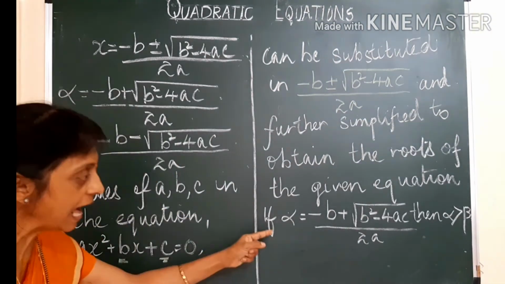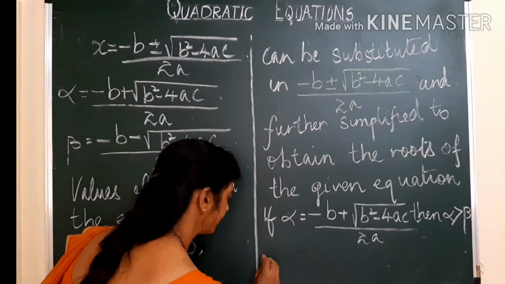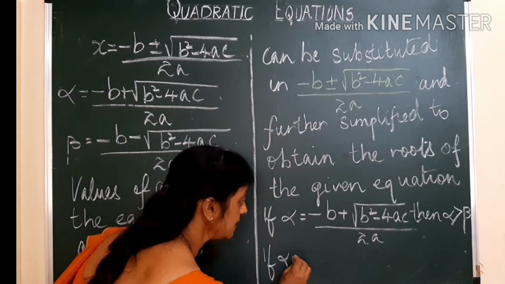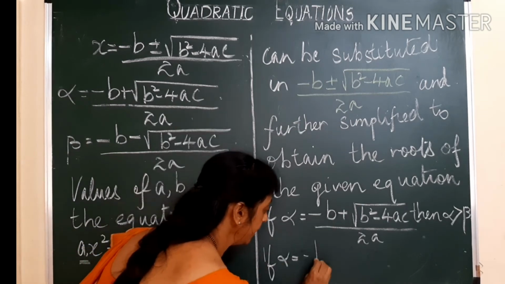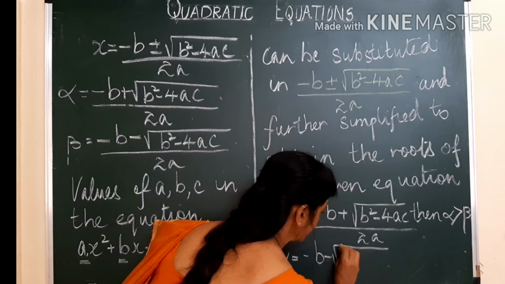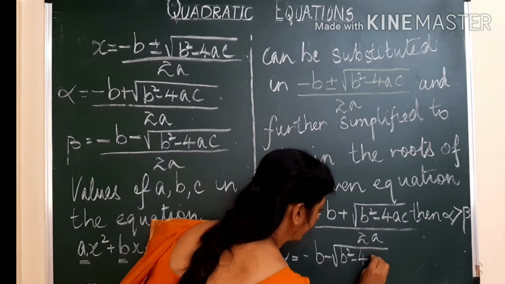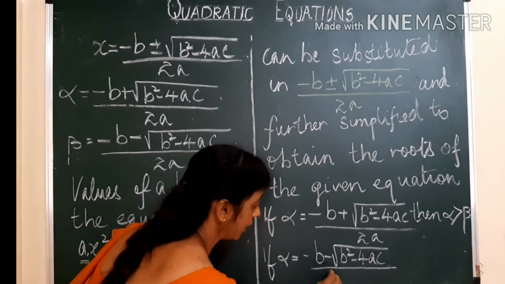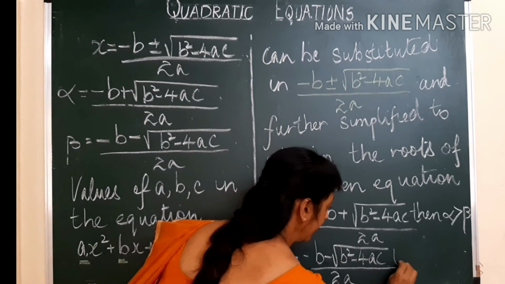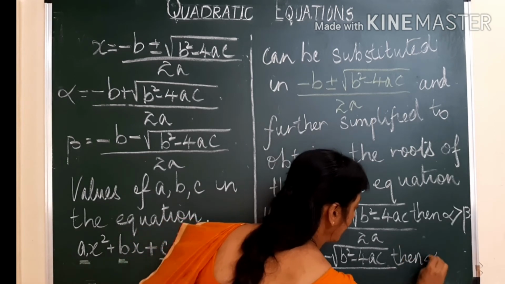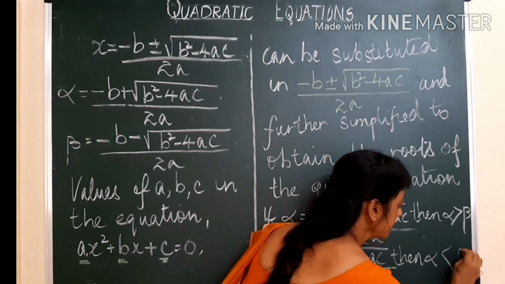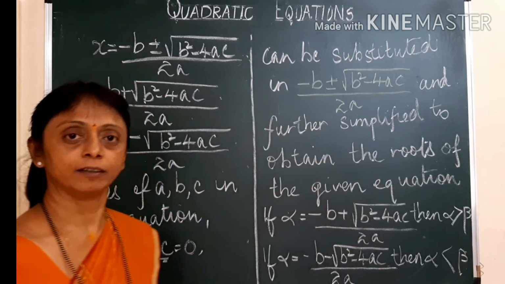Right children? And if you take alpha as the negative one in between, minus b minus root of b square minus 4ac upon 2a, then definitely alpha will be less than beta. Right children?